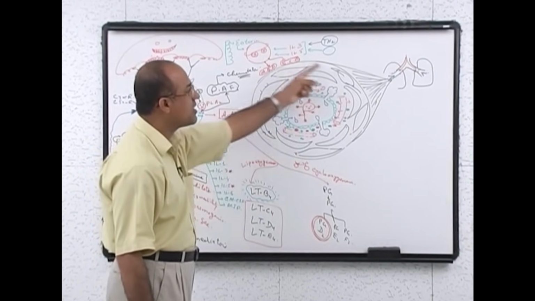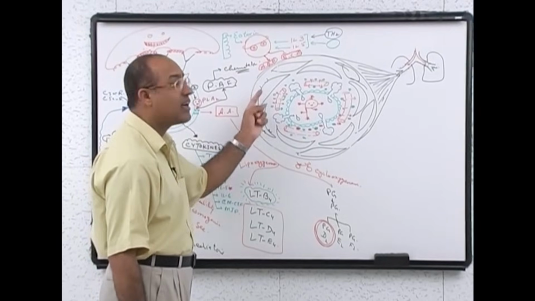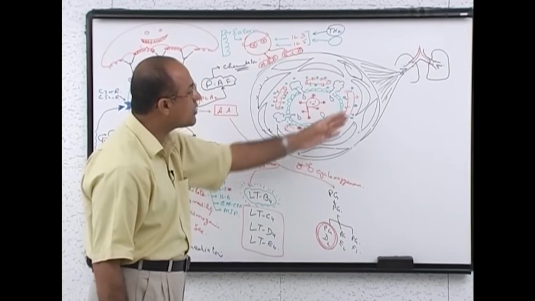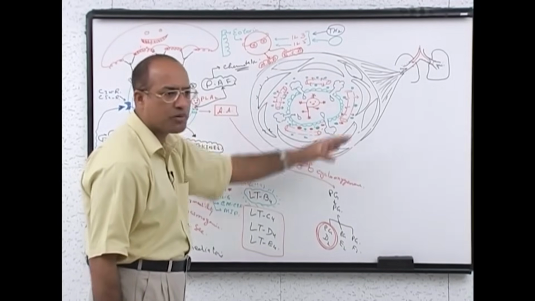Many of them, like platelet activating factor, leukotrienes C4, D4, E4, and histamine, can produce really powerful spasmogenic action.